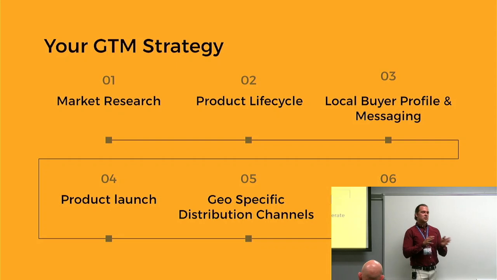Number 5 is what channels are you going to be launching into? Which ones are you going to be continually getting your prospective customers excited about? And then lastly, it's all about feedback and iteration. So we have a strategy that's all great and done, but can we iterate on it? Can we fine tune it for the next launch? What does that entail? What does that look like? So let's go into each of these step by step to understand what you can be doing.